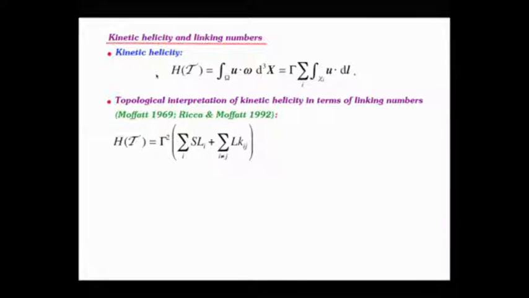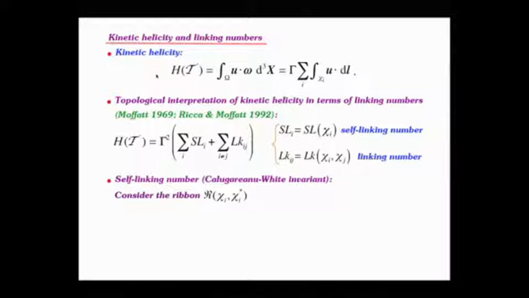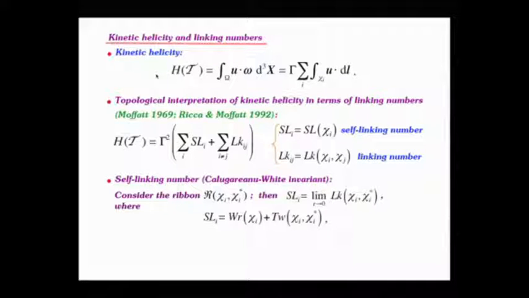If we consider a structure present in these filaments, and we do indeed, the linking number is the Gauss linking number, and the SL is the self-linking number, which, I remind you, we saw already many times, is the Călugăreanu-White invariant. When you consider, for modeling this physical system, a ribbon, you identify your filament with a ribbon, with the axis and the other edge of the ribbon, and then you define the Gauss linking number of these two edges of the ribbon.